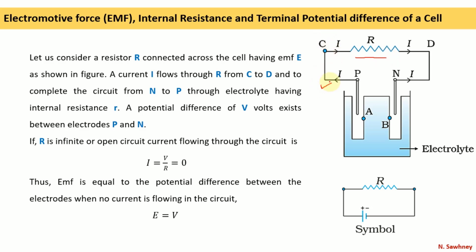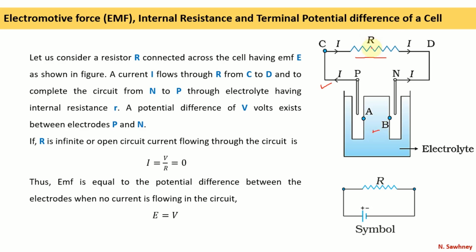The direction of the current is from C to D through the resistance R, and to complete the circuit from N to P through the electrolyte, having internal resistance small r. A potential difference of V volt exists between the electrodes, that is between the P and N terminals.